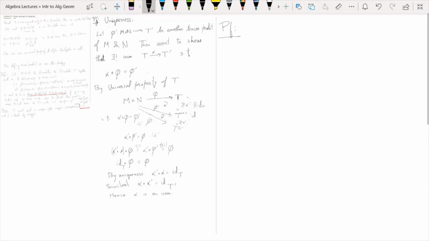But whatever we do, we will be able to use this to prove that it has the universal property. So the point is, we want T to be an R module, and we want a bilinear map to T, and eventually we want it to have a certain universal property. This is existence.